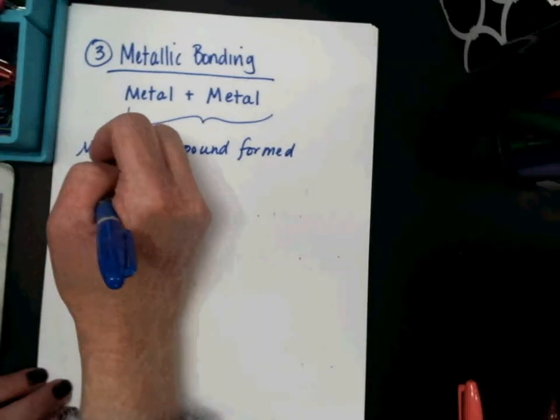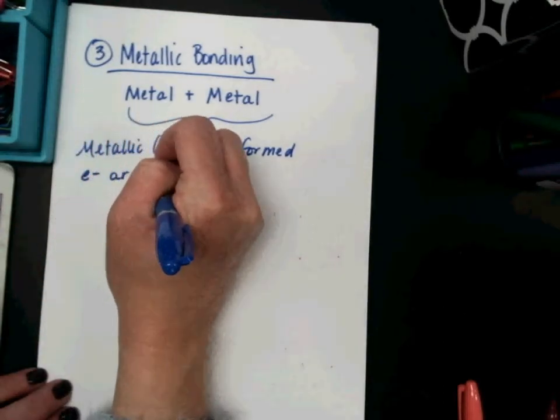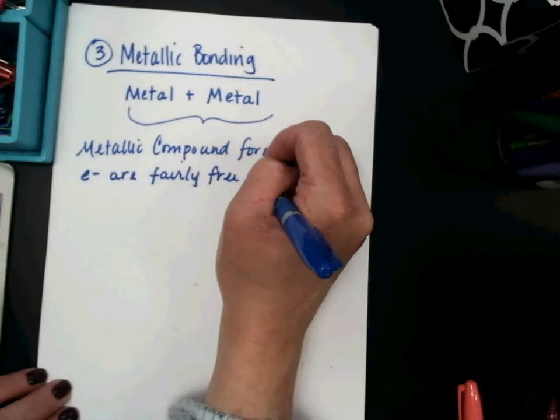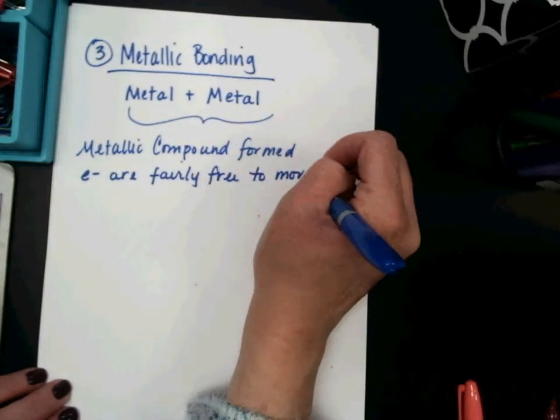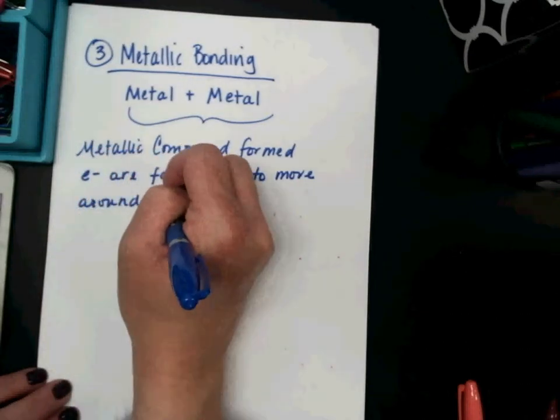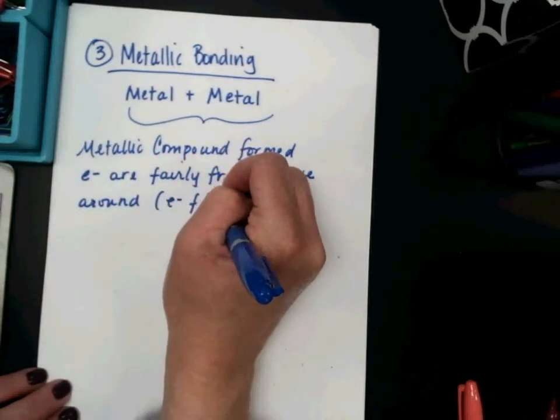when that happens, the electrons are fairly free to move around. We call that electron flow.